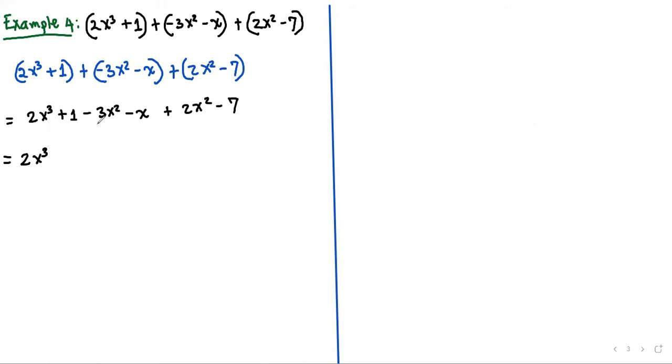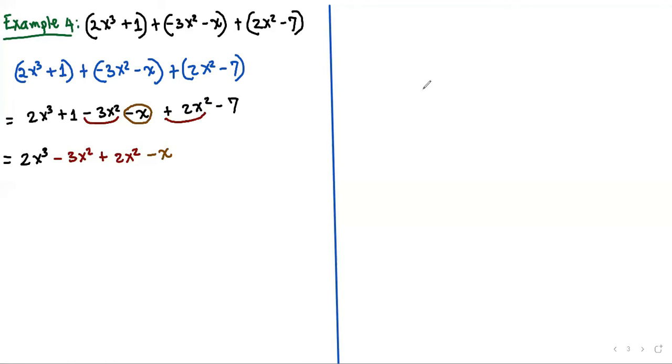So this means that next we are going to have minus 3x squared. Do we have any other x squared? Yes. We have this one, plus 2x squared. So we write minus 3x squared plus 2x squared. Okay. Do we have any other x? Yes, we have got this one, minus x. We don't have any other x. So we have minus x.